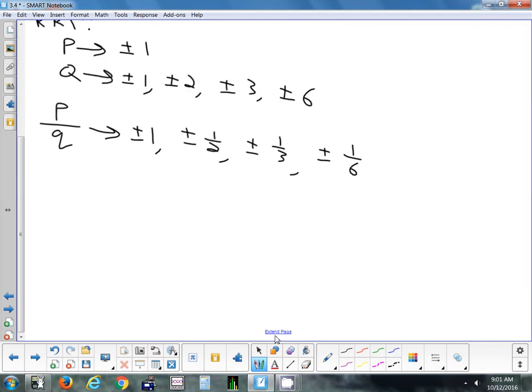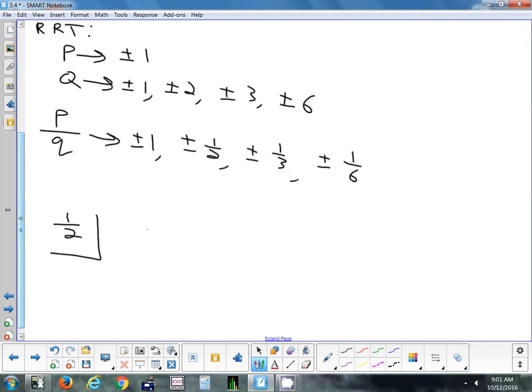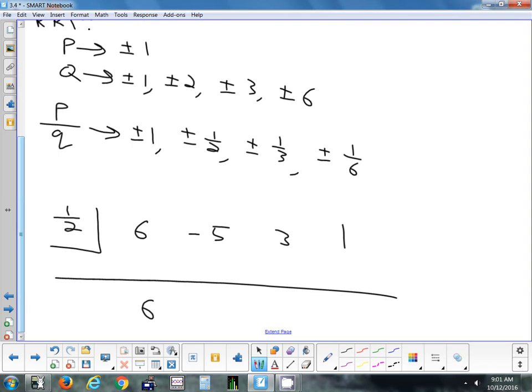Okay? So if it only crosses in one spot, that quadratic would probably have imaginary answers. All right? So put your 1/2 on the outside, and your coefficients. Not missing any. 6, -5, 3, -1. Okay, so do our synthetic division. What's half of 6? 3 plus -5? -2. Oh, was the last number negative?